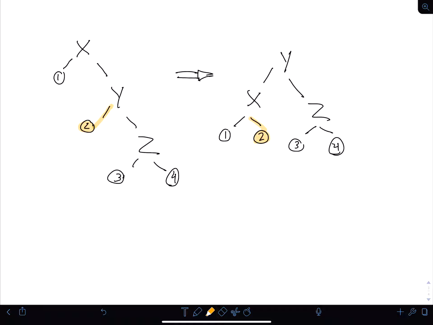Notice why that's the case, because X, anything to the right of X is bigger than X, right? So this 2 here is bigger than X, but is less than Y. That's what it's saying. Over here in the right X picture, that still applies. The 2 is bigger than X, but is less than Y. So they both represent the same thing, and that's why it goes there.